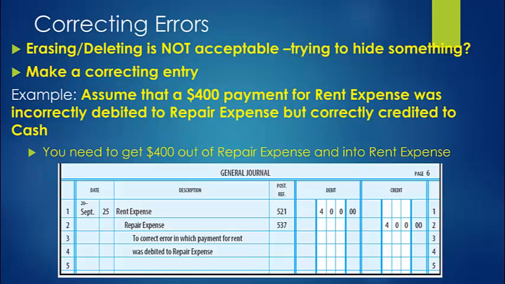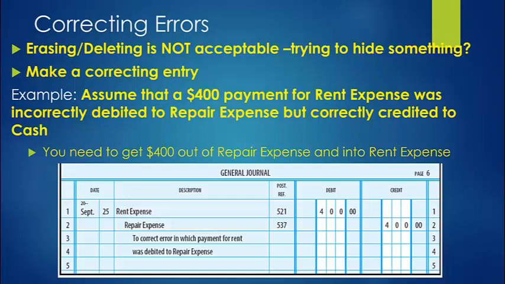Sometimes we enter an incorrect journal entry in our journal, and it gets posted to the general ledger. If that happens, it's better to make a correcting entry. If you're using a manual system, you don't want to have erasures or whiteouts.